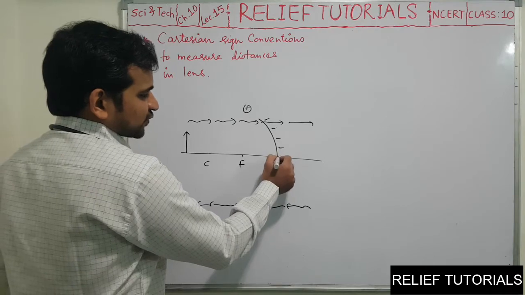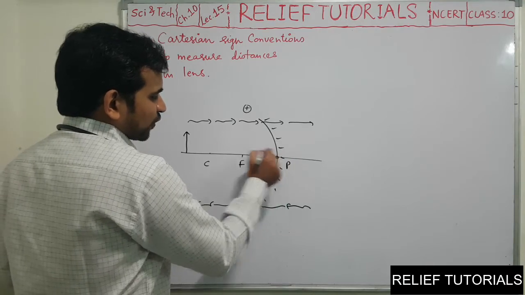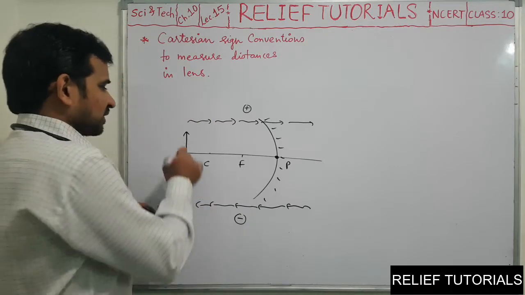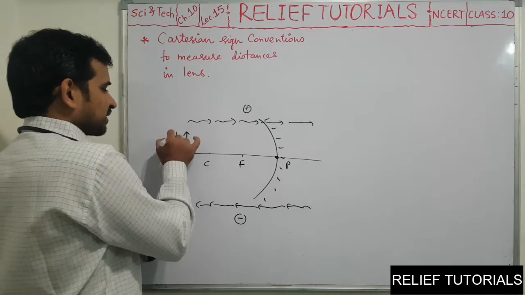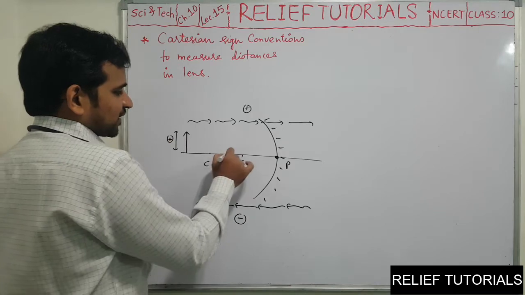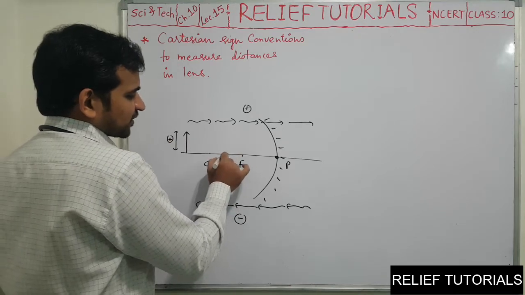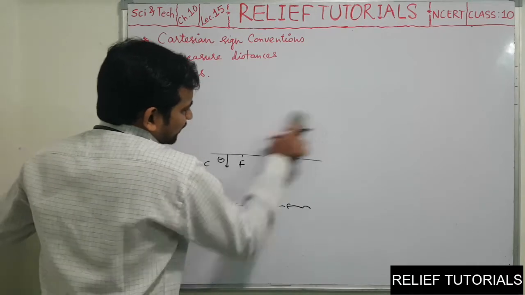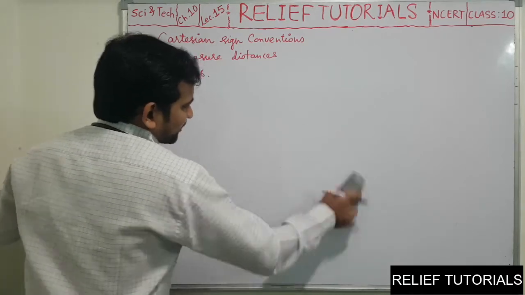All the distances should be measured from pole on principal axis. The heights in the upward direction taken as positive and heights in the downward direction taken as negative. The same rules we are going to follow here in the case of lens also.